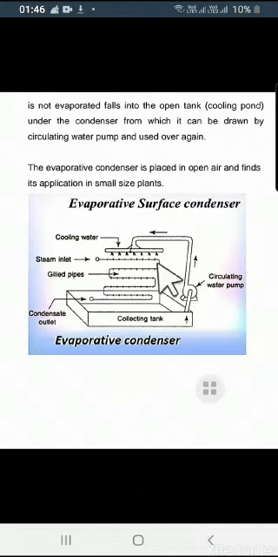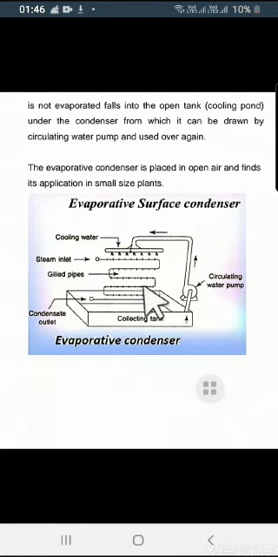These are the grilled pipes over which a film of cold water is falling. As you can see, the water comes from here, and as it passes through these nozzles, it falls onto these grilled pipes. At the same time, a current of air is made to circulate over the film of water.